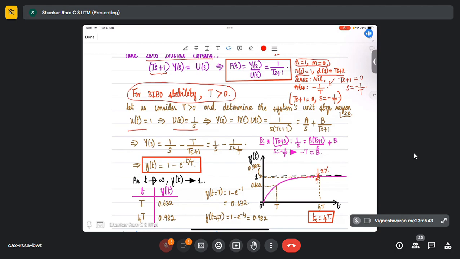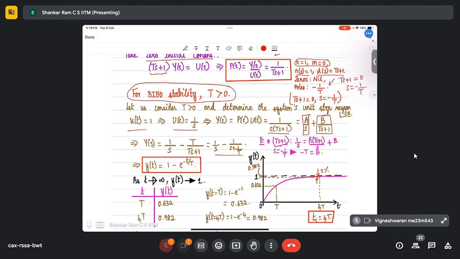And Y of s becomes P of s times U of s, which becomes 1 by s times Ts plus 1. Then if we do partial fraction expansion, we have two terms, A by s and B by Ts plus 1. If we follow the usual process, we get A to be 1 and B to be minus capital T. So we essentially do the partial fraction expansion in this way.